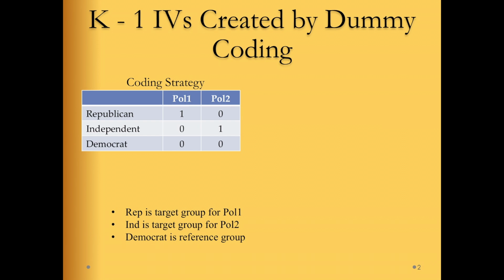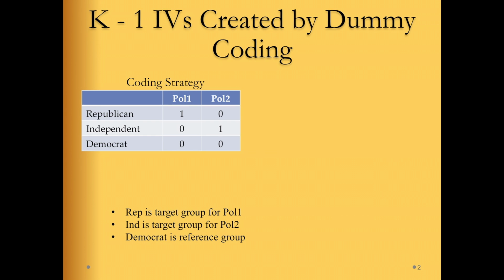In this example, imagine we have a predictor called political affiliation in our model, and that it was operationally defined with three levels: Republican, Independent, and Democrat. We would create two dummy-coded variables in which one of the groups would be the reference group.